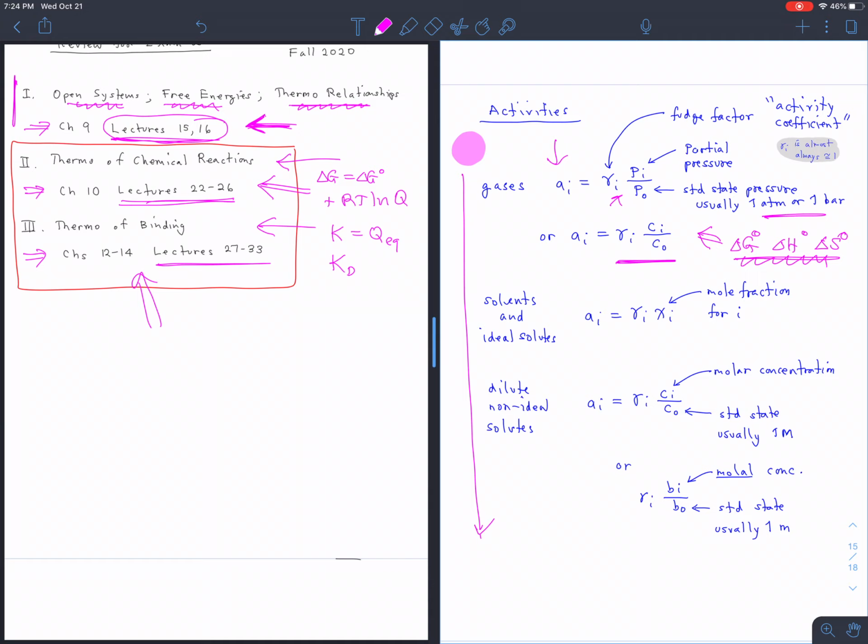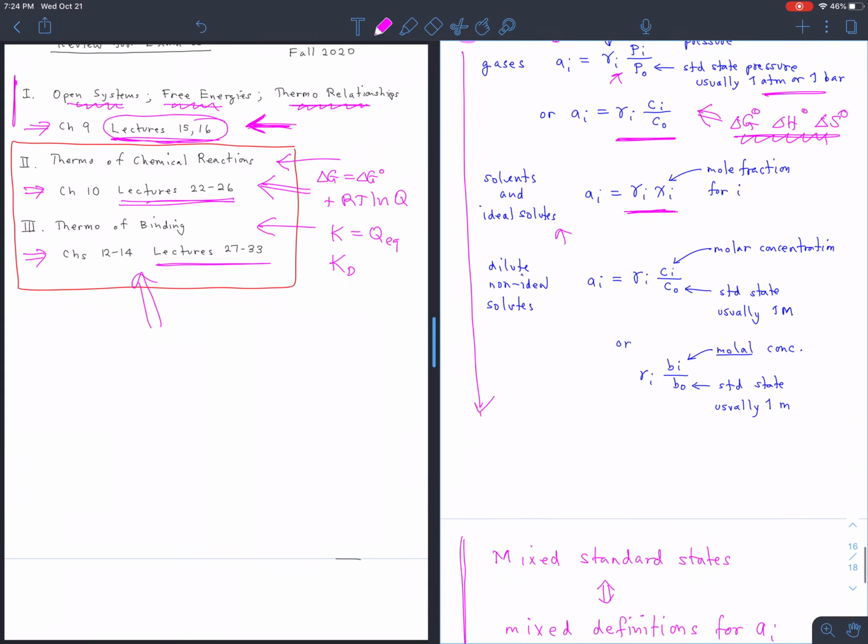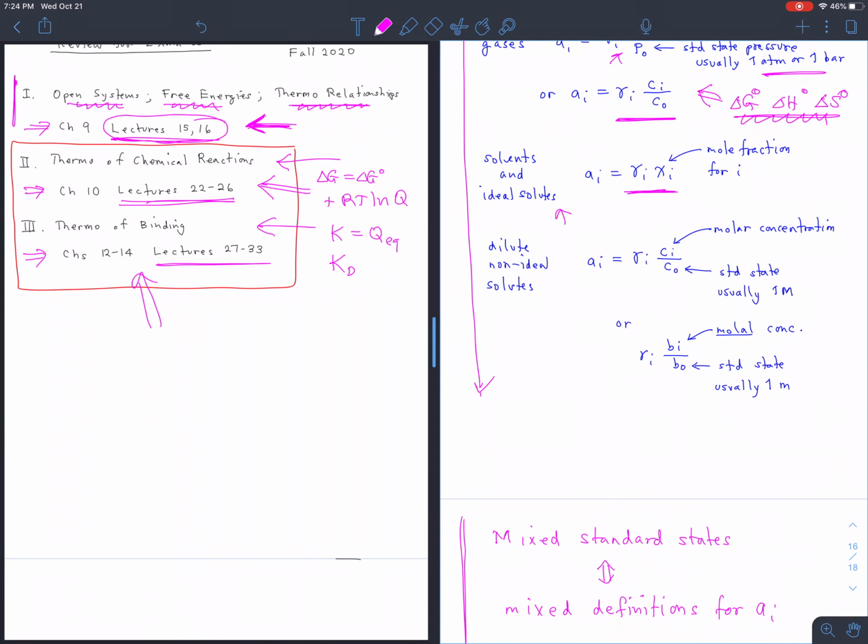For solvents and ideal solutes, the mole fraction is usually the concentration variable that's used to define activity. And the most common one by far is for dilute non-ideal solutes, and then it's usually molar concentration divided by some standard state concentration, almost always 1 molar, though occasionally it's not 1 molar.